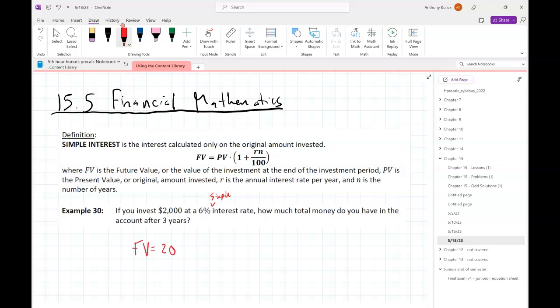Well, it should just be that, right? 2,000 was our initial, 6% is our interest rate, 3 is the time. Push that through the calculator. And I get $2,360.